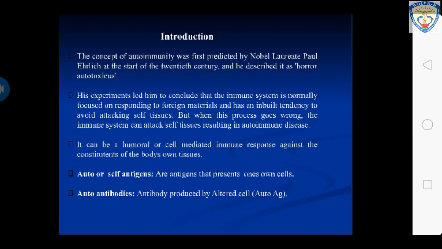Autoantigen means the antigen or the protein is actually normally your body's own protein, but this is being recognized as a non-self protein or a foreign protein by your immune system. So that is why it is called an auto or self-antigen, and since the antibodies are being produced against one of your own or self-antigens, hence they are termed as autoantibodies.